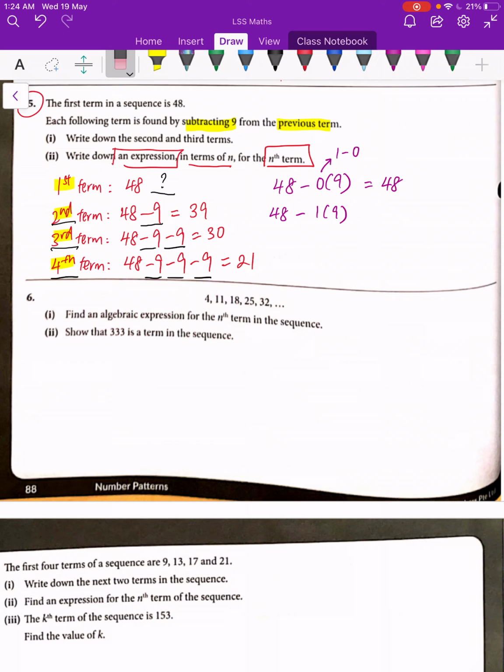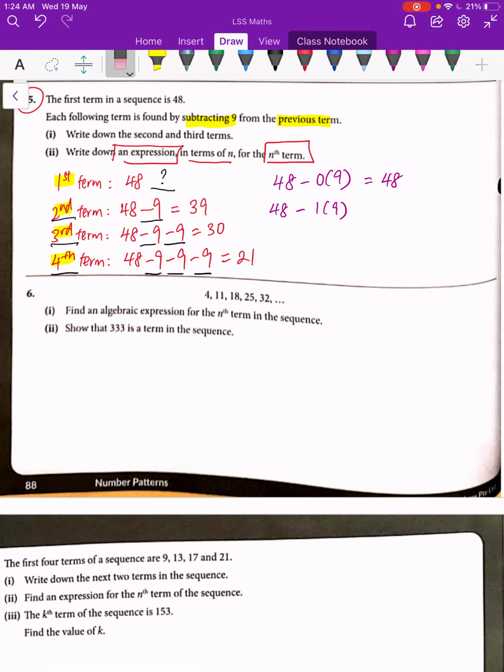Let me use a different color. This 1 is based on 2 minus 1. The number in front is actually the position of the term.